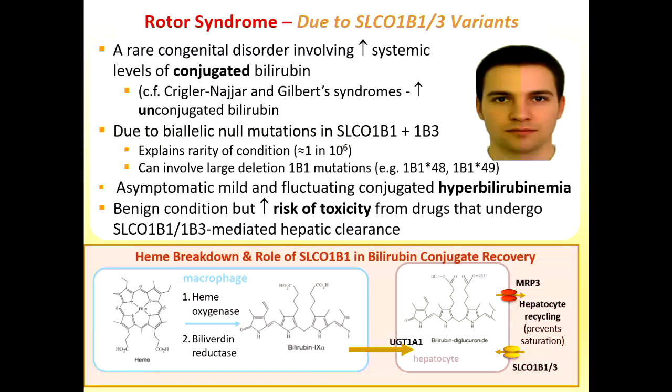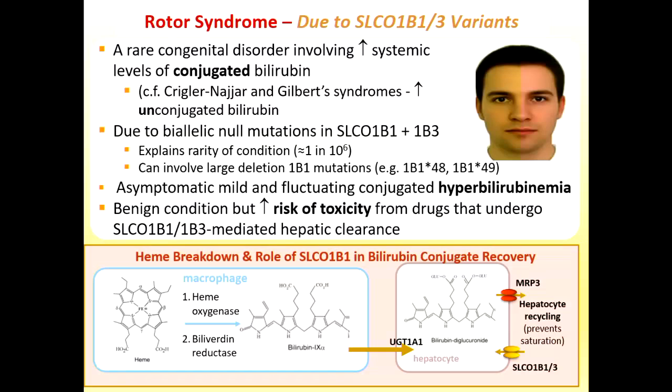And so those folks have higher levels of exposure to unconjugated bilirubin, which is bad news because it's toxic. So they have issues with early onset neurological issues, very severe in the severe Crigler-Najjar syndrome. Gilbert's is a lot milder.